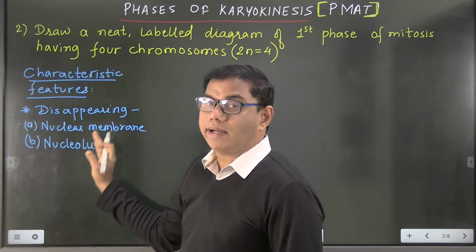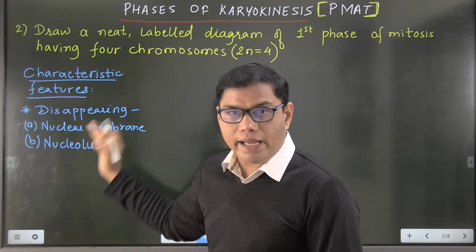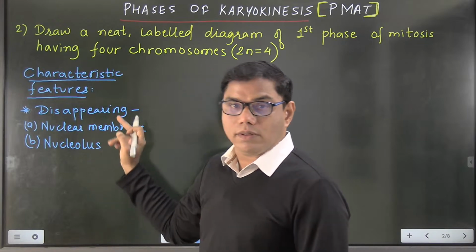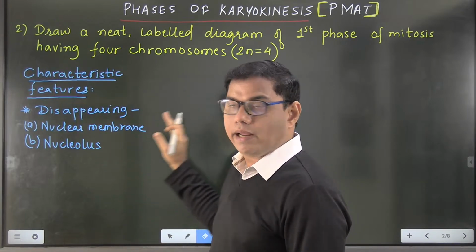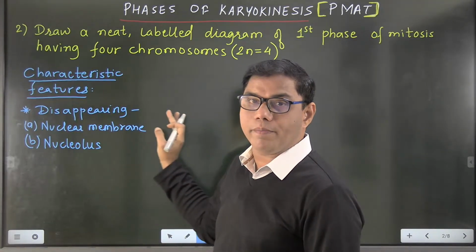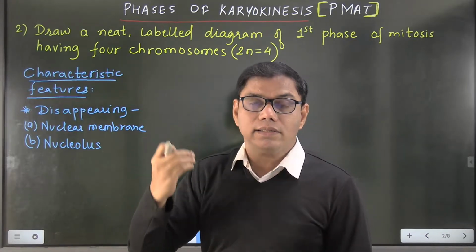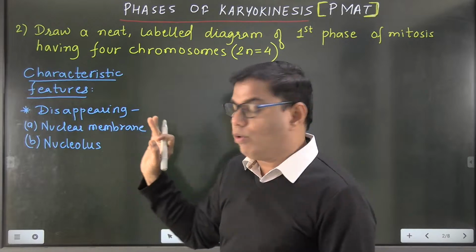So when I evaluate your paper, I will look out for these characteristic features. If I find this in your diagram, and if your diagram is proportionate and properly labeled, I'll give you full marks.